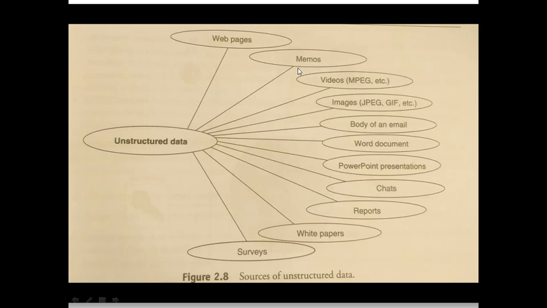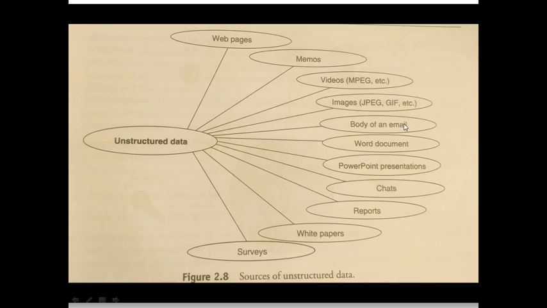Memos, which are generated by companies, industries, meeting reminders, all of those written stuff also falls under unstructured data. Then we have videos, a huge source of unstructured data. Images in any format, JPG, GIF, PNG, any format, again unstructured data.